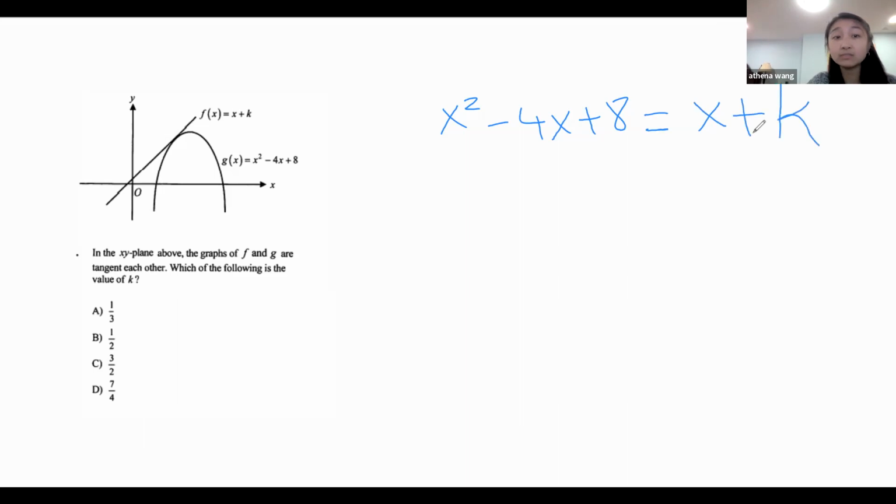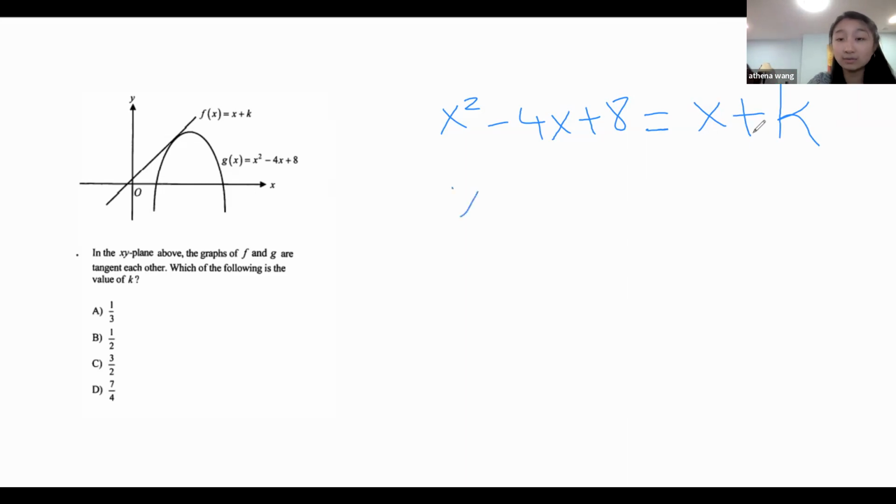The point fits both of the equations. That means that we can put an equal sign to make one equation equal to the other. Then we solve to find the x value where it works. We know that these two graphs are tangent to each other.